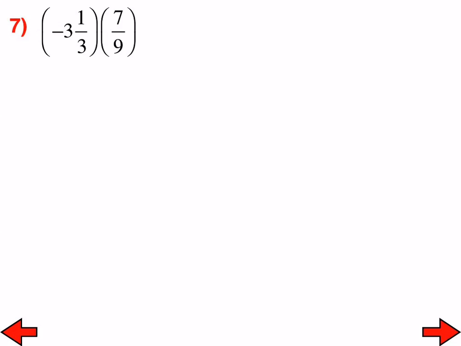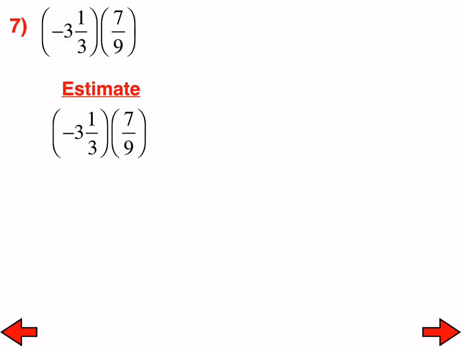When I was walking around, I was focusing more on the estimate than I was the actual product or quotient there, just to see what some of you were coming up with. But when I estimate here, I estimate -3 1/3 to be -3 and 7/9 to be 1. And so that would give me an answer of approximately, in my estimation, approximately -3.